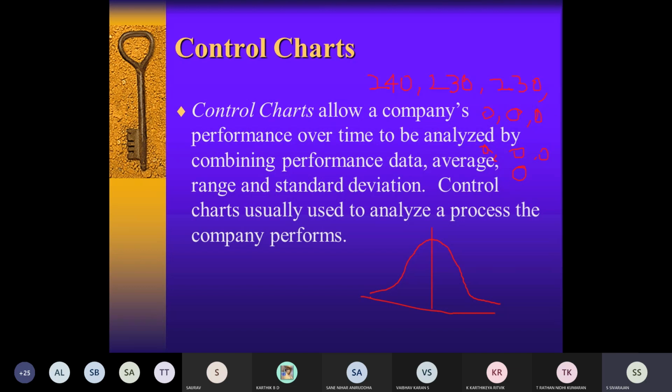So interpretation is very important, because many times you know how to plot a control chart, but interpretation is the problem. I first taught this TQM subject during COVID, and probably this is the last time I am teaching it online. Next time it is going to be offline classes.